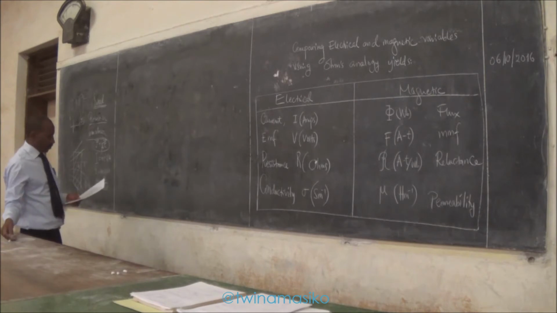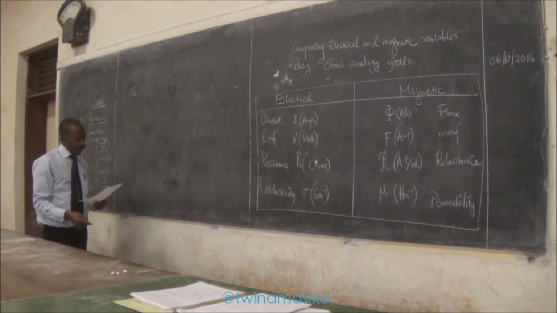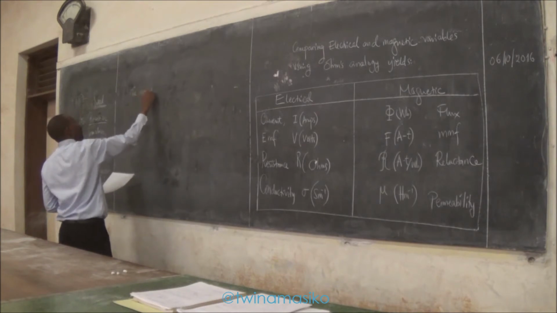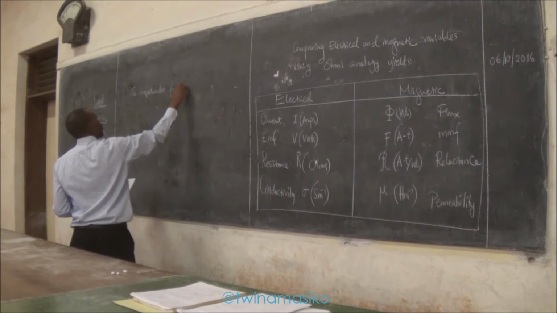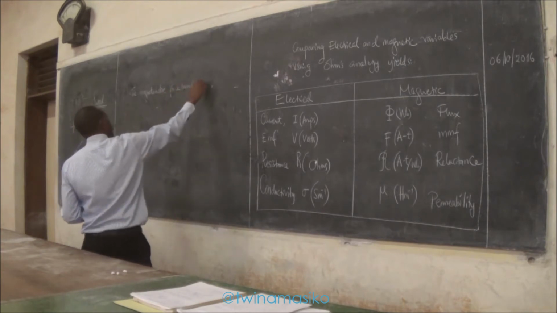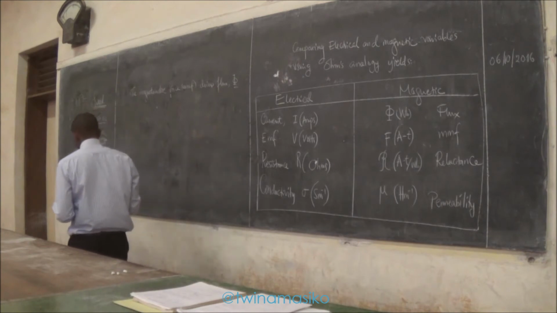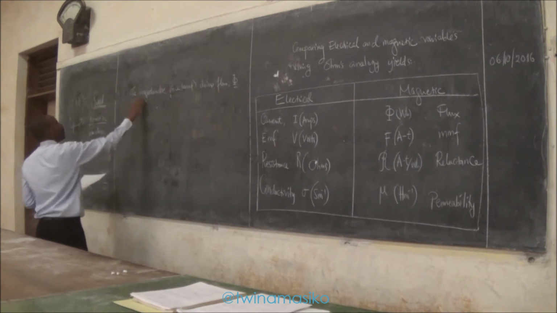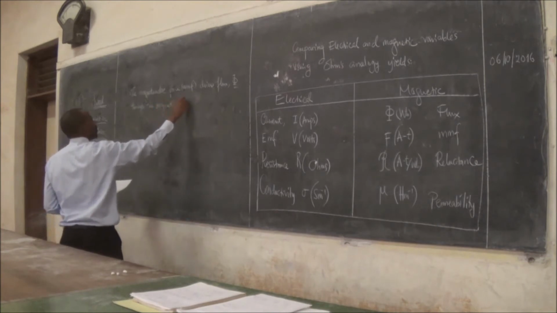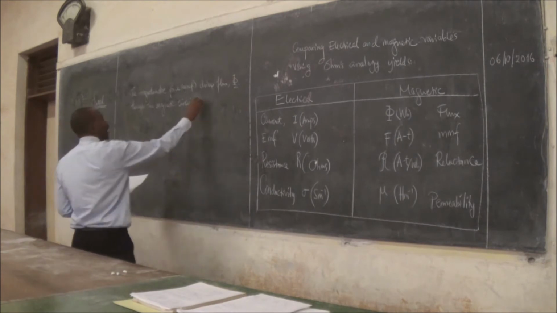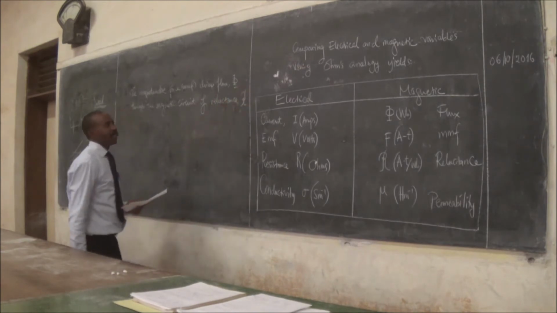So, just like we said, the electromotive force drives the current through the circuit, the magnetomotive force, MMF, drives flux phi through the magnetic circuit of reluctance, script R.